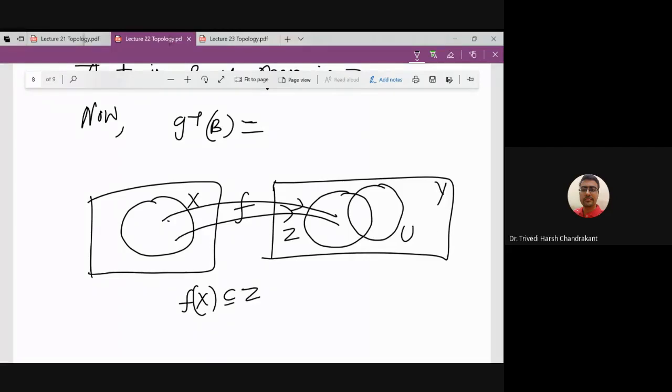So what is the set B? B is this set, the intersection of Z with U. So what will be G inverse of B?